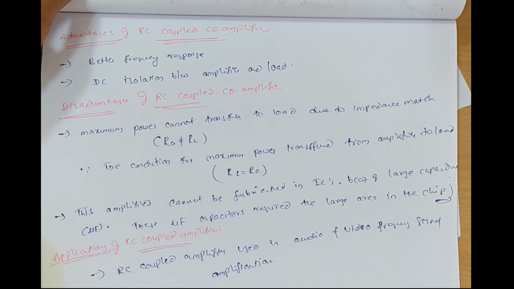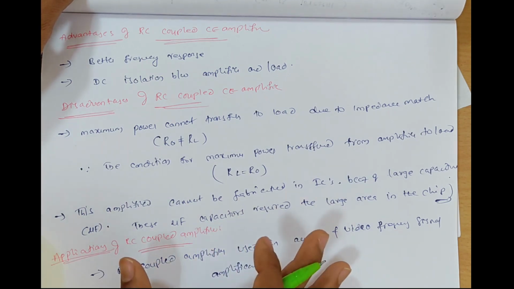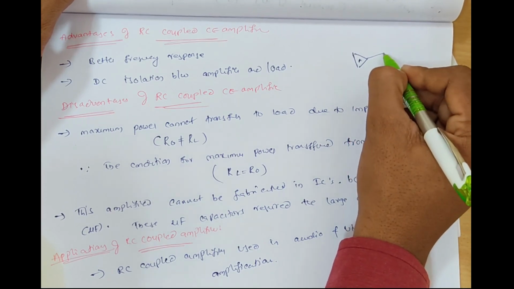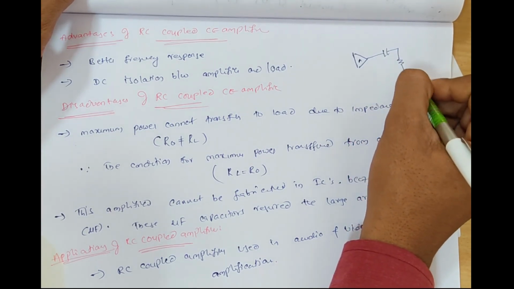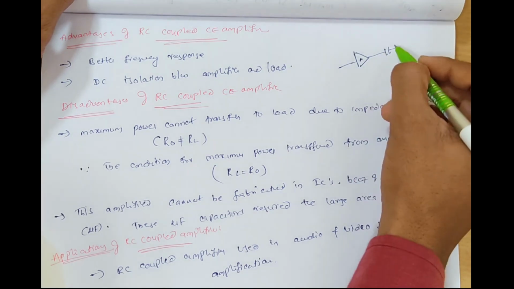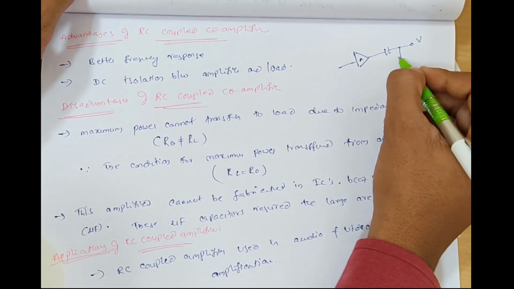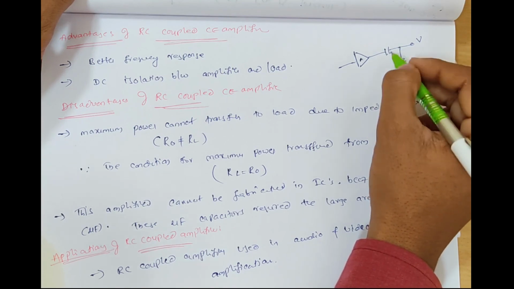This is about the RC coupled CE amplifier. Here the amplifier and load are connected through a capacitor, so it is called RC coupled.